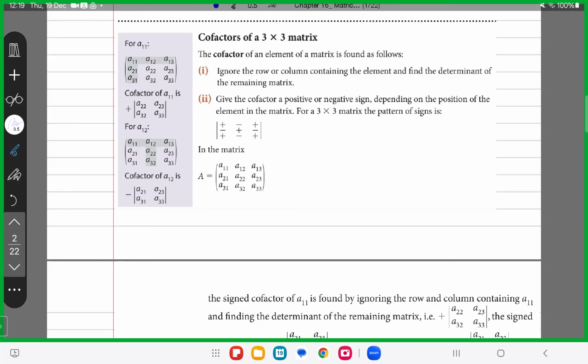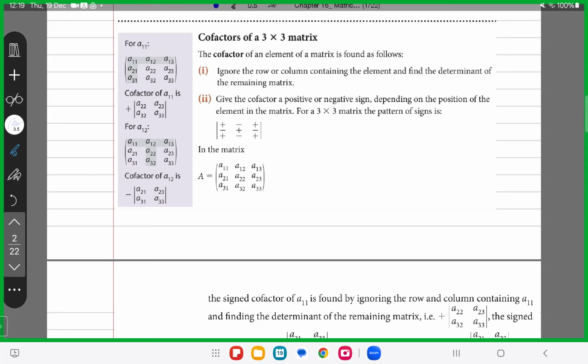We ignore the row or column containing the element and find the determinant of the remaining matrix. Now, give the cofactor a positive or negative sign depending on the position of the element in the matrix.